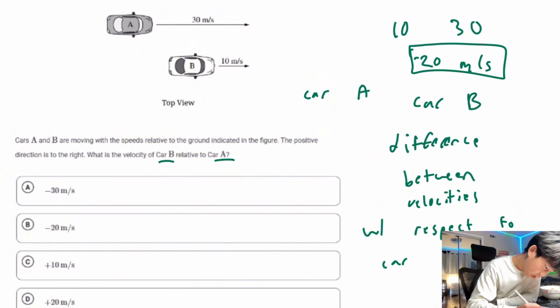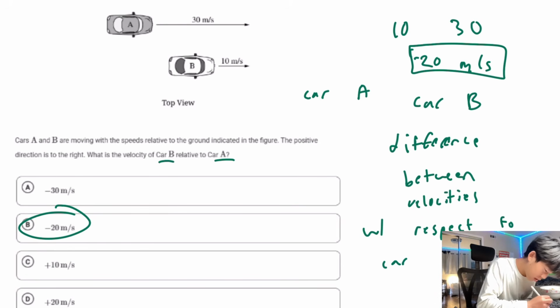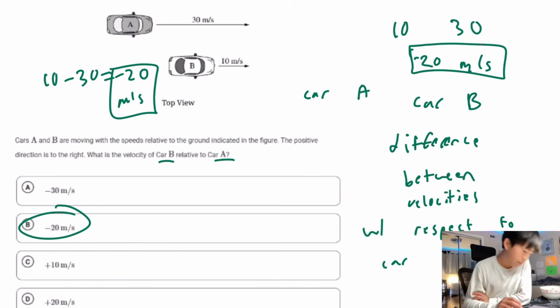My bad, negative 20 meters per second. I hope you understand, because 10 minus 30 equals negative 20 meters per second.